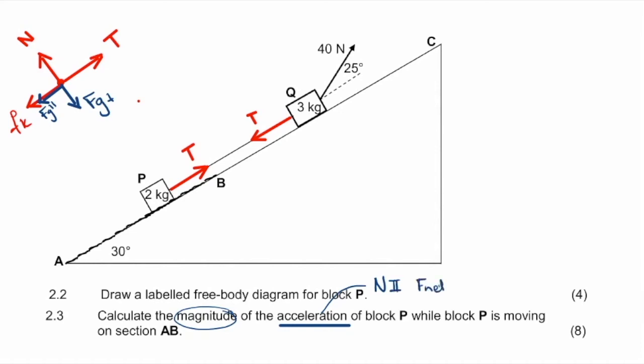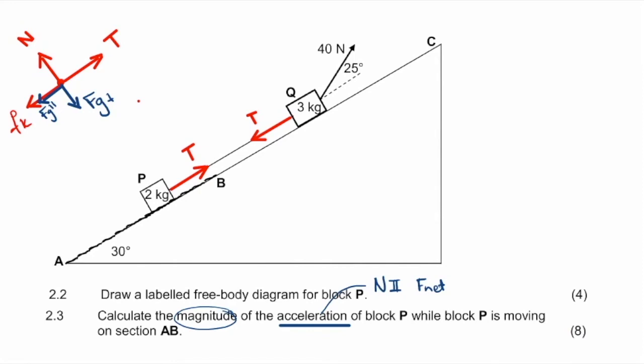So we're going to start with F net equals m times a, but very important, you have to do that for every object separately. If you do this for the combined system, you will get the right answer, but you'll only get 5 out of the possible 8 marks.